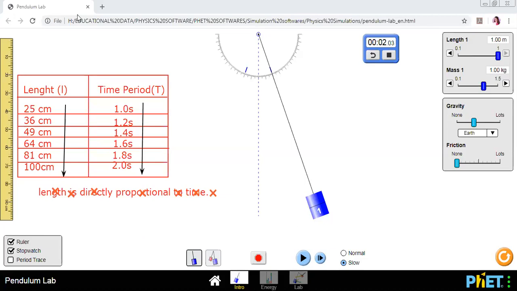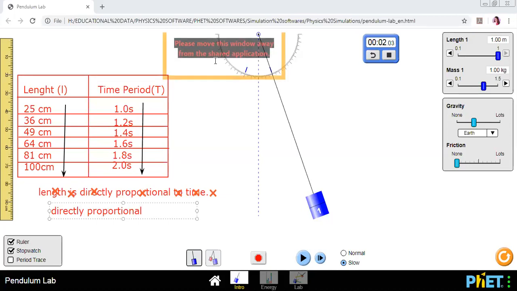Let me emphasize a very important meaning here. Let's understand the meaning of the word directly proportional. Do you know what it means? Listen, it's a very important statement.